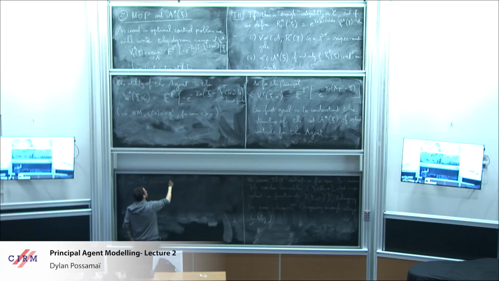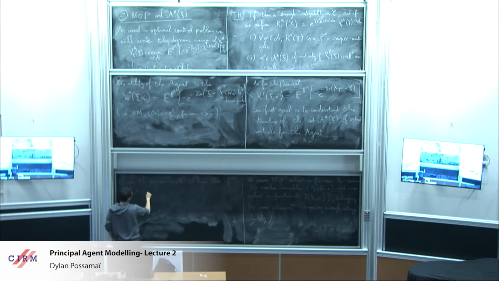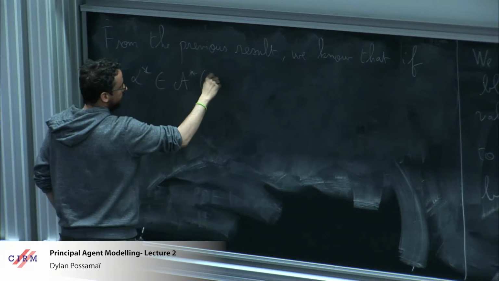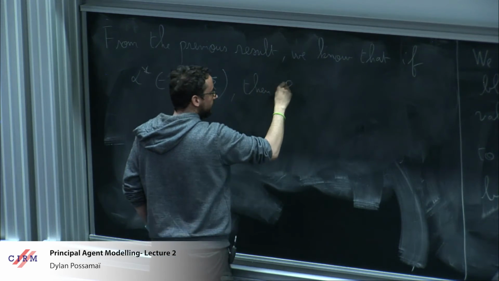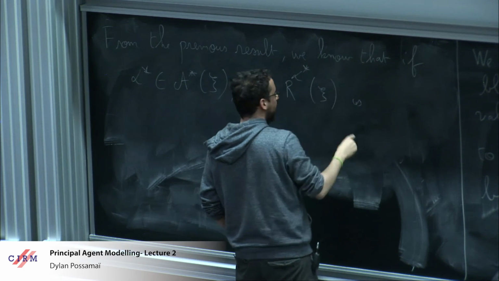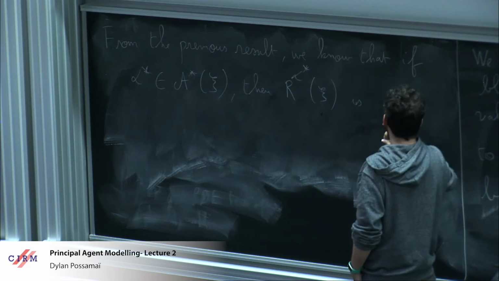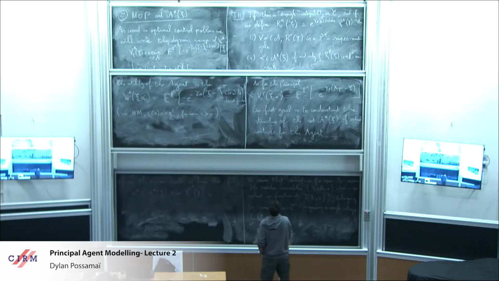So from the previous result, what I know is that if, say, alpha star belongs to A star of psi, then R^alpha star is not only a P^alpha star martingale, it's a non-positive martingale.